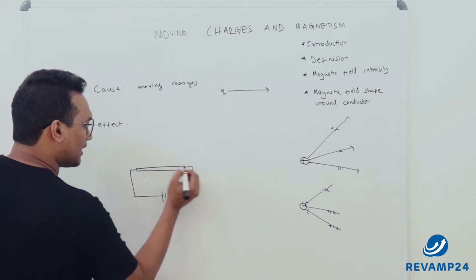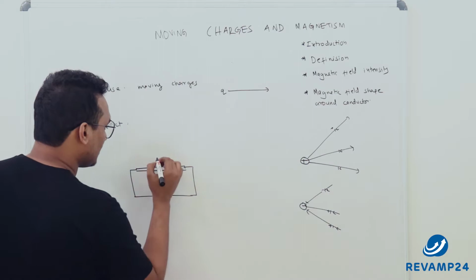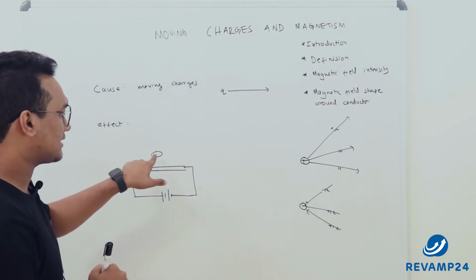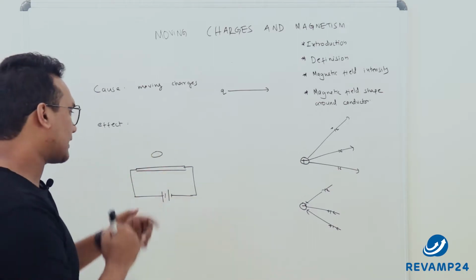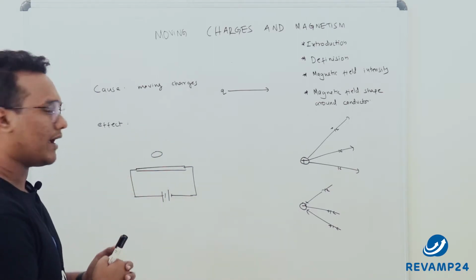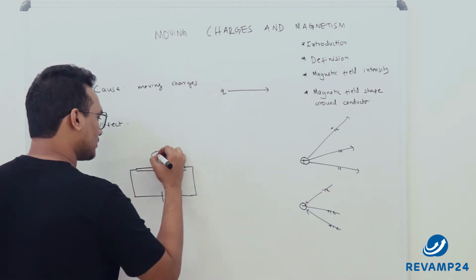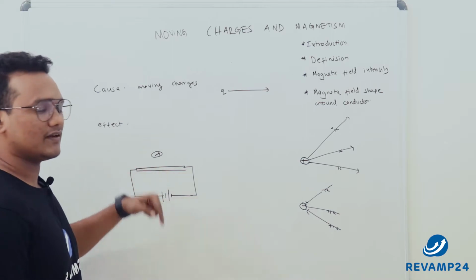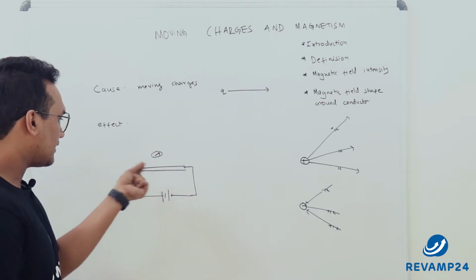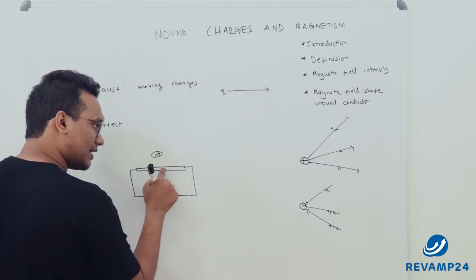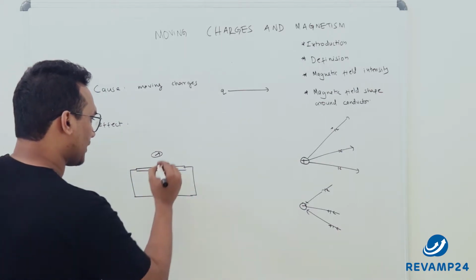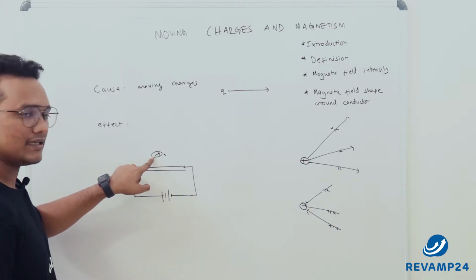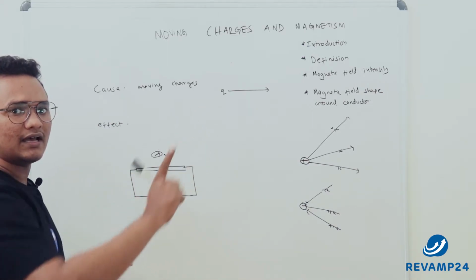Accidentally, he had kept a magnetic needle, a compass, very near to it. When the current was passing through the conductor, he saw a deflection. That means the magnetic field created by the conductor is present at this point and has interacted with the other magnet, which deflected.